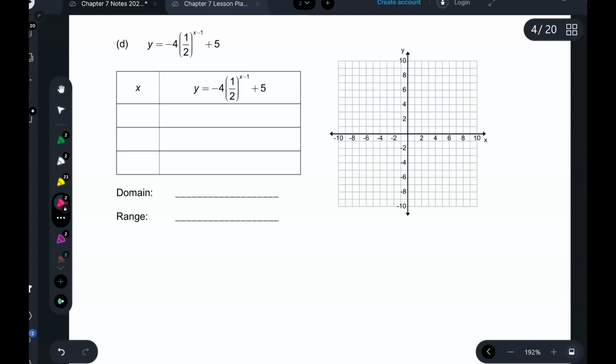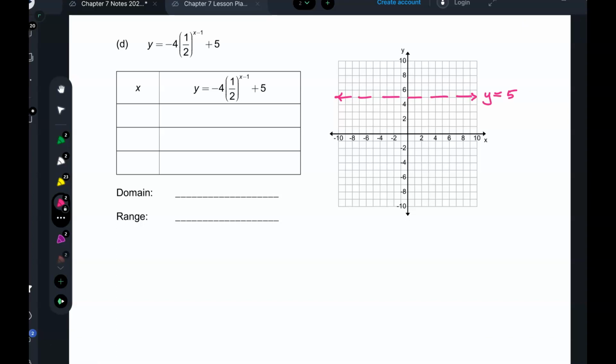This one's going to have an asymptote at 5. Just keep in mind order of operations says we have to do the exponent first before we multiply by -4.